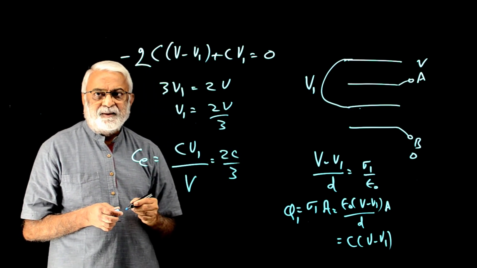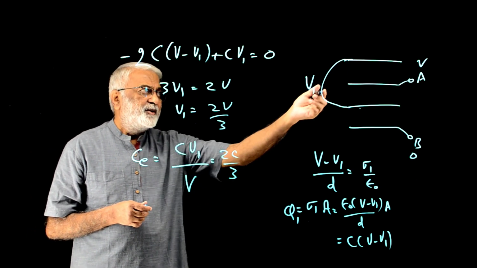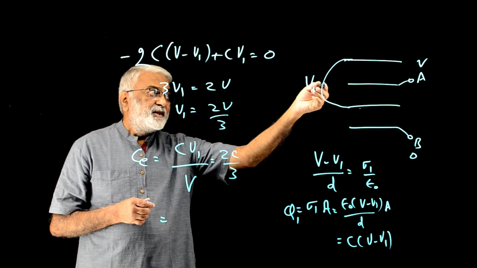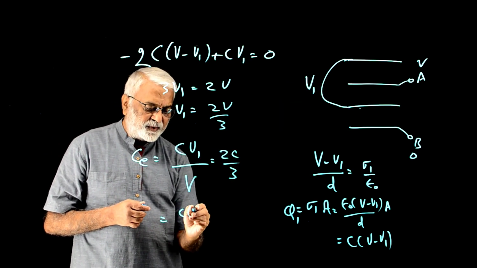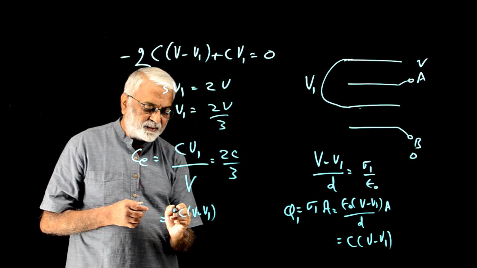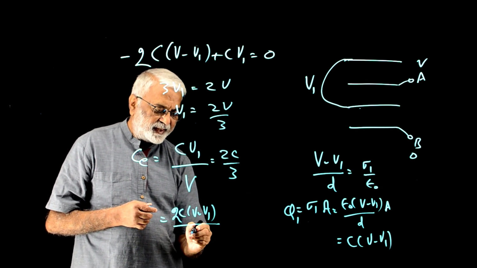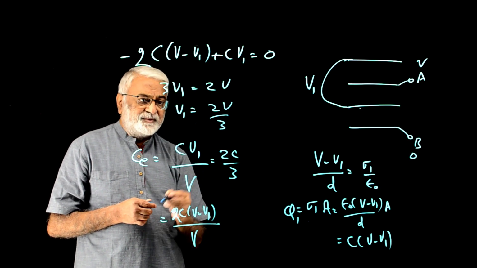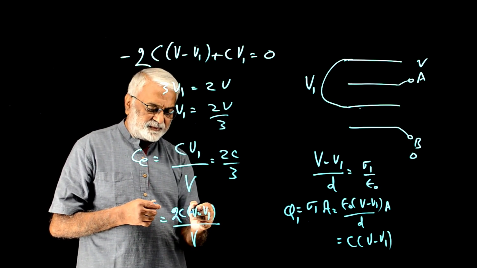That's the effective capacitance. If you wanted to look at the terminal A, plate A, the charge on the upper surface is C into V minus V1, right? And the bottom surface also is same, so this is 2C into V minus V1 by potential difference, that is V minus V1. What is V1? 2V by 3, so this is V by 3.